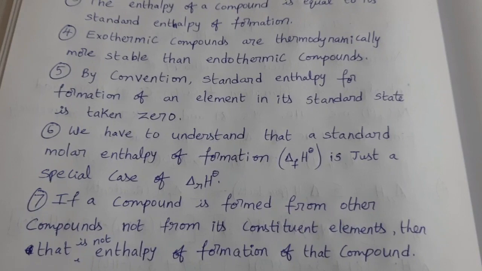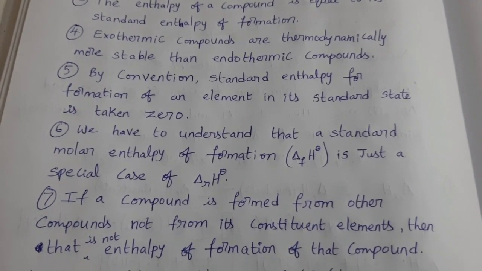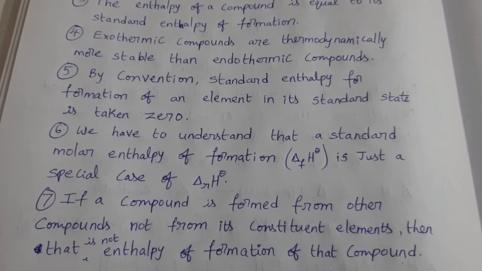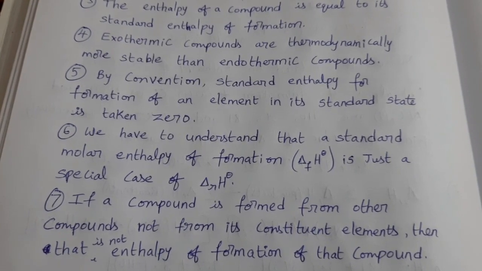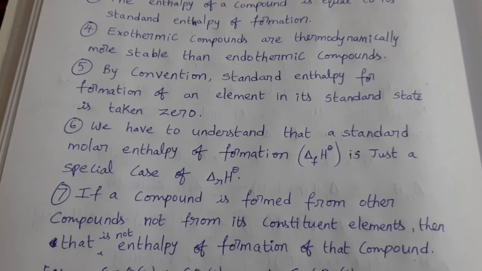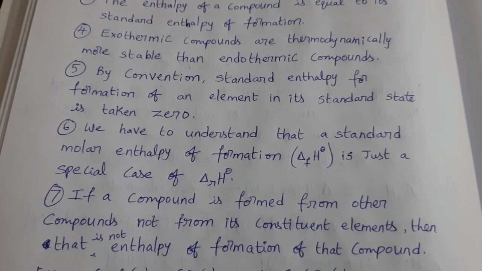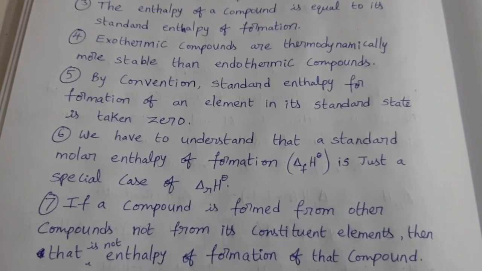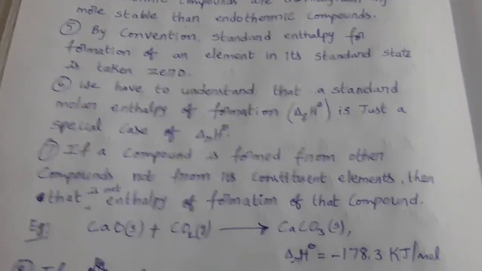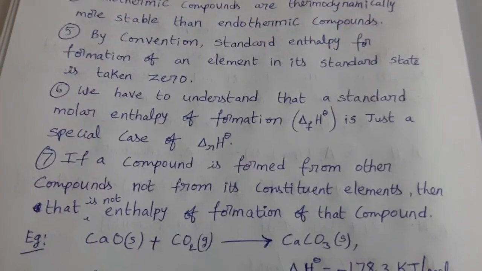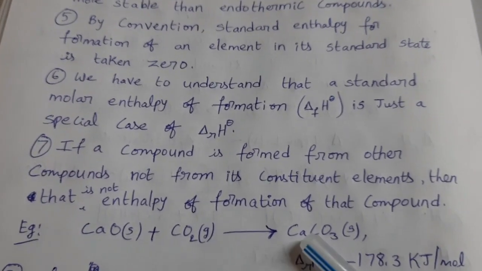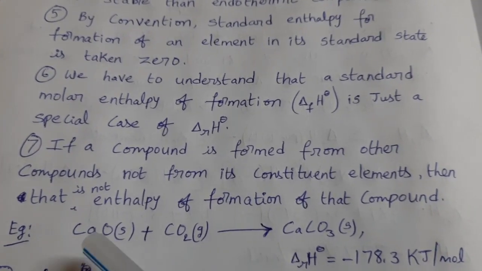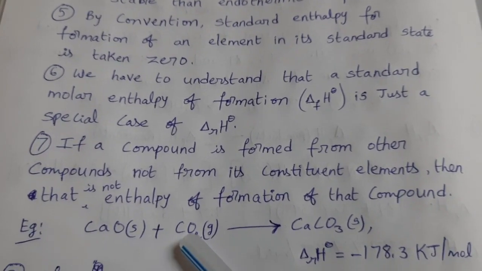If a compound is formed from other compounds, not from its constituent elements, then that is not the enthalpy of formation of that compound. Understand carefully. See the example: CaCO3 is formed. How is it formed? From CaO and CO2.